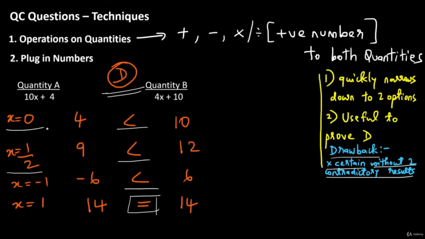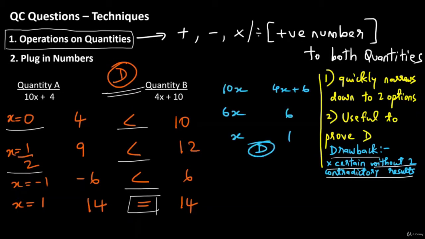Alright, now let me quickly show you one more method with which you could have solved this question, which is the first technique that we discussed, which is performing operations on the quantities, right? Over here you have 10x plus 4 and you have 4x plus 10, right? If you subtract 4 from both, you get 10x and 4x plus 6, right? Now, after this, if you subtract 4x from both, you get 6x over here, and over here you get 6, right?